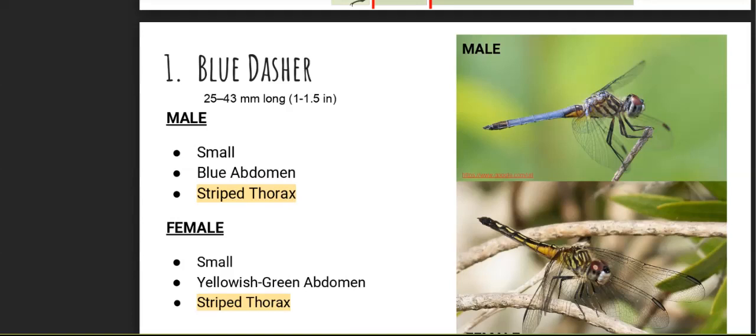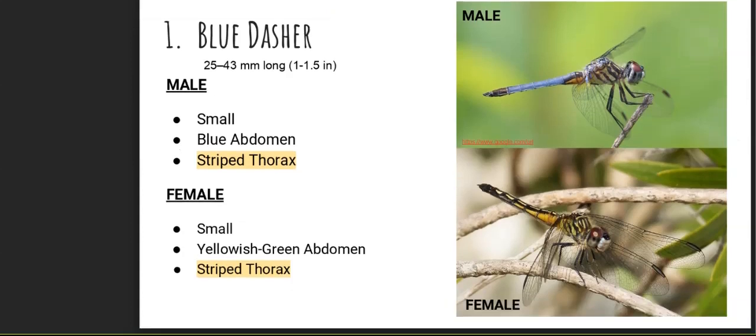Now, this picture from below is also a blue dasher, but you can see the difference. Do you know what the difference is, Fiona? One's yellowish green, and it's a female. Exactly. So dragonflies, in most species, show some type of sexual dimorphism.